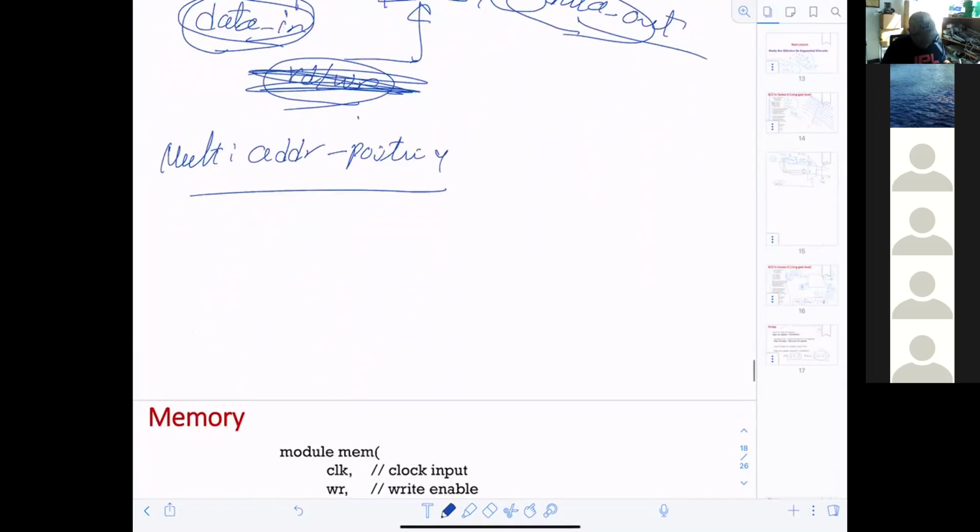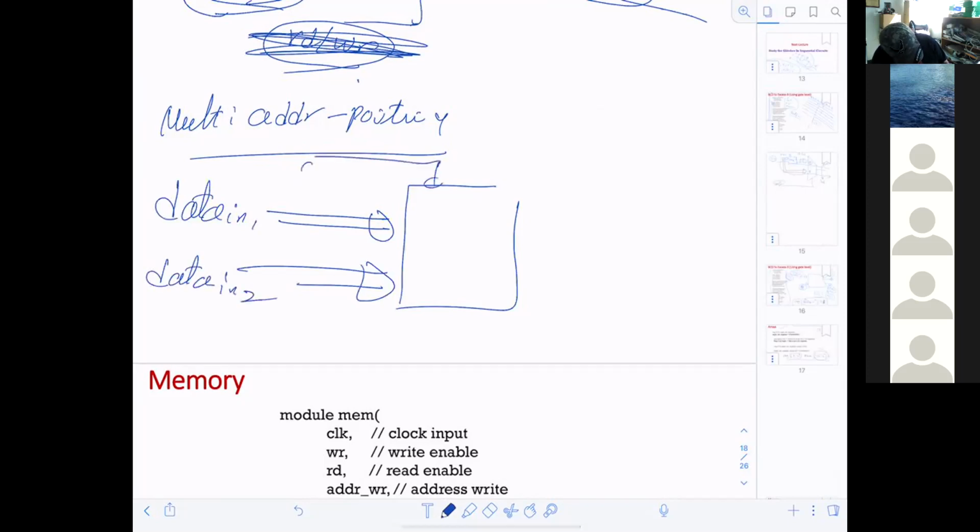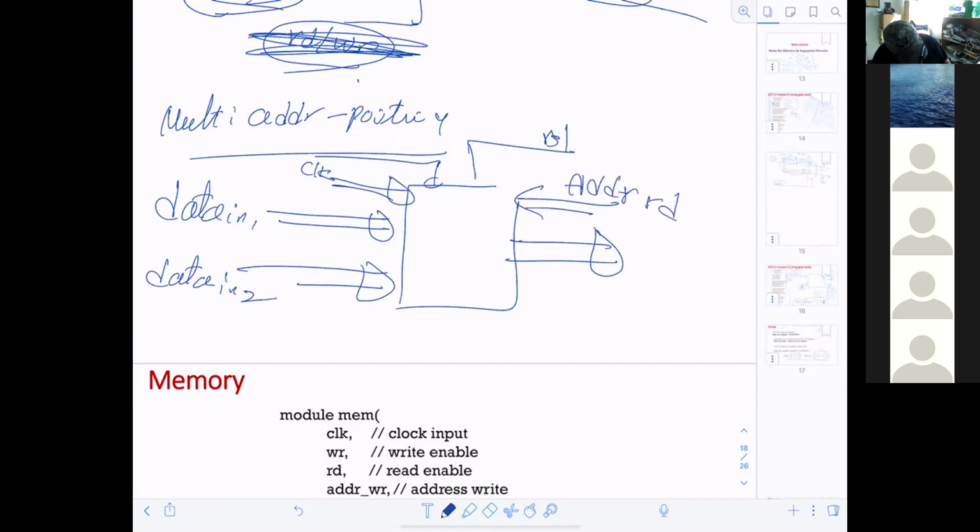There is another memory, which looks like this: data in 1, data in 2, clock, reset, address, read address, and then a selector.